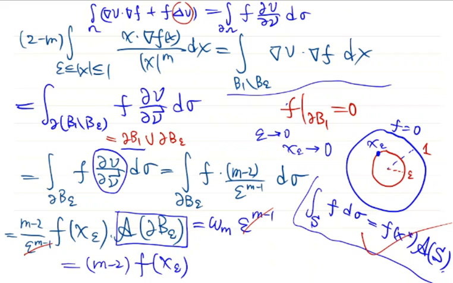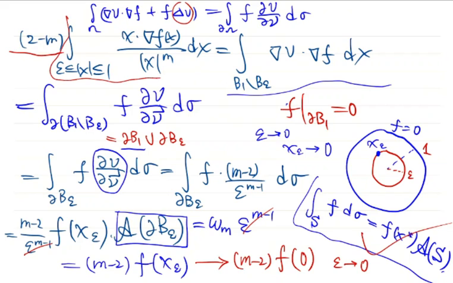So this will converge to (m minus 2) omega m f(0) as epsilon goes to 0, by the continuity of f. So 2 minus m multiplying the integral we are concerned with will converge to (m minus 2) times omega m times the value of f at 0.